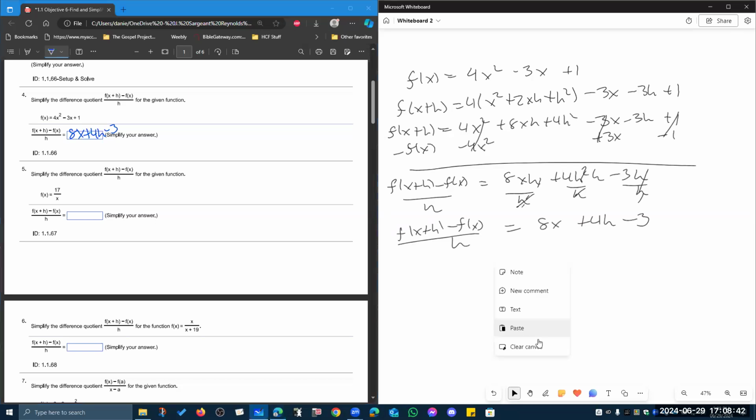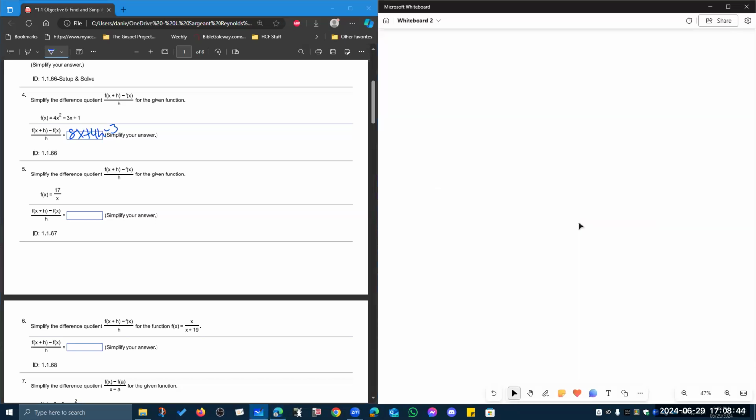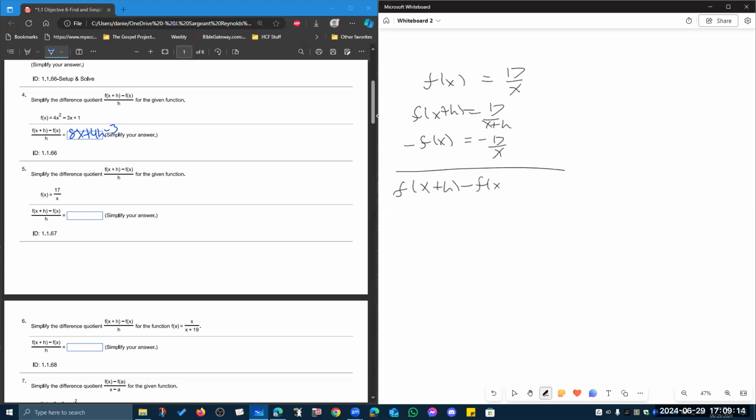All right, let's clear this. Next one's going to be a rational function, where f of x is equal to 17 over x. F of x plus h is going to be 17 over x plus h. When I subtract them, I'm going to have a subtraction of fractions here that I'm going to have to make a common denominator.